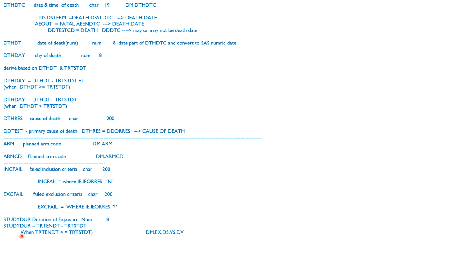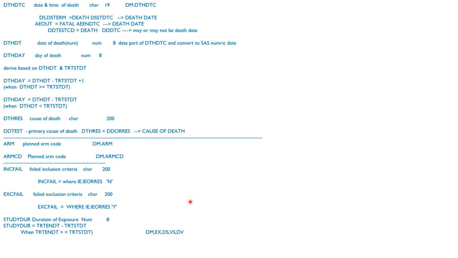So overall in ADSL, we can see the variable derivations from different SDTM domains like the DM domain, EX domain, DS domain, VS domain, DV domain, and IE domain. From the IE domain, we create two variables, inclusion fail and exclusion fail. For the DV domain, there will be a protocol deviation flag, and for that deviation we create a flag.